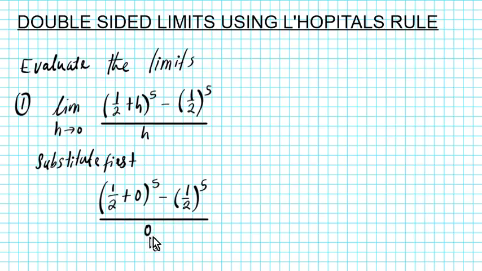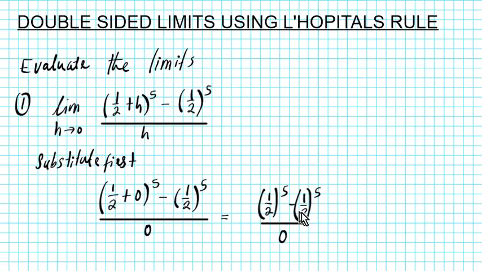So since the denominator is 0, this expression is either indeterminate or undefined. What will help us to determine if it's indeterminate or undefined is by simplifying the numerator. Okay? If we simplify the numerator, we have 1/2 raised to the fifth power minus 1/2 raised to the fifth power divided by 0.